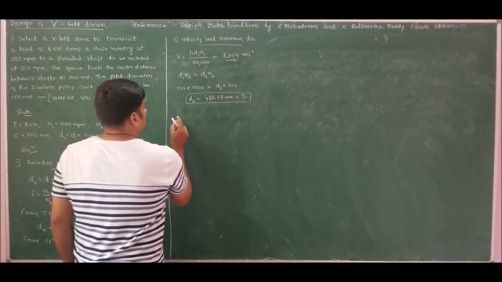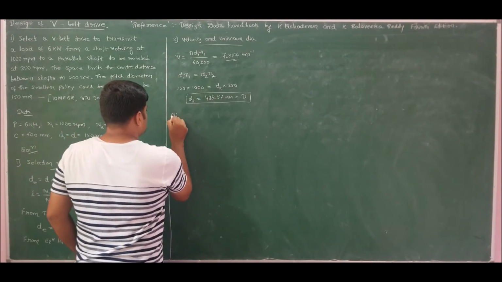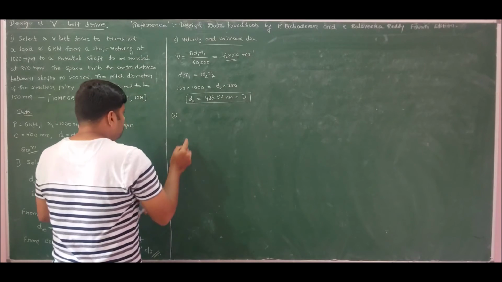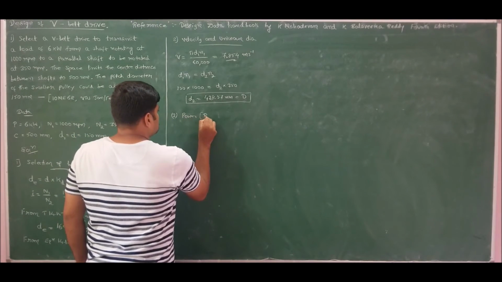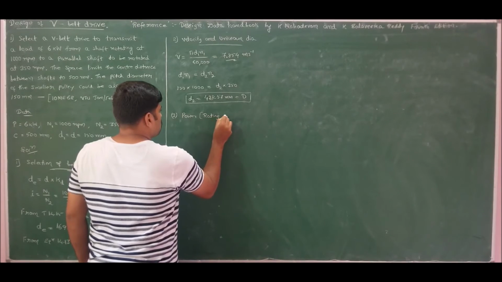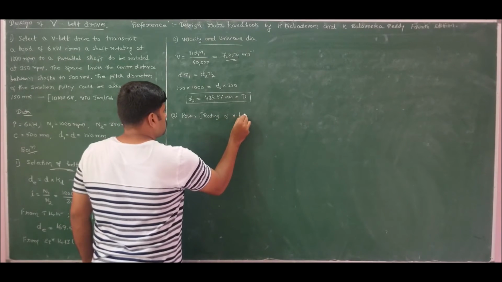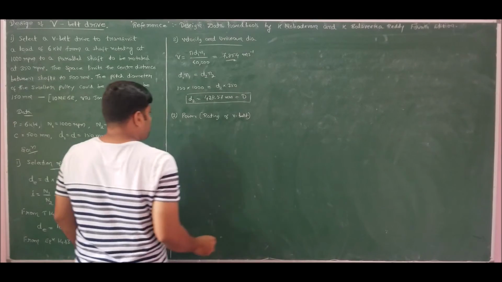Next, moving to step 3, which is to find the power rating of the V-belt.